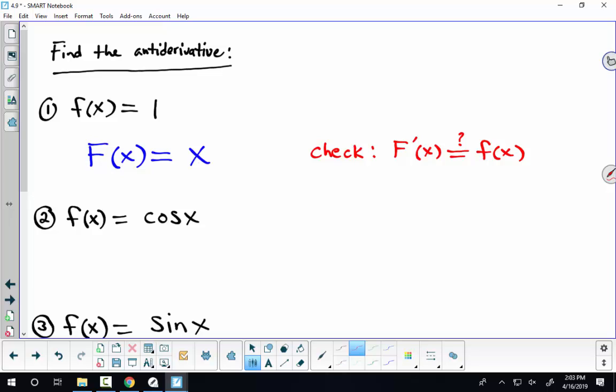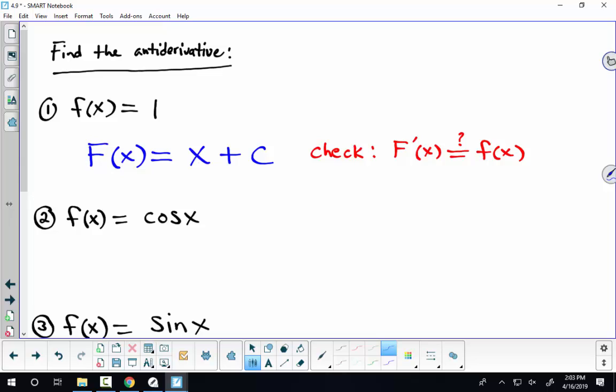Before we get too far into this, note here that if we say the antiderivative of 1 is x, really it's x plus any number that is the actual antiderivative. Because once we take the derivative of this constant, it's 0, and the derivative of x is 1. So all of your antiderivatives should have a plus c for a constant.